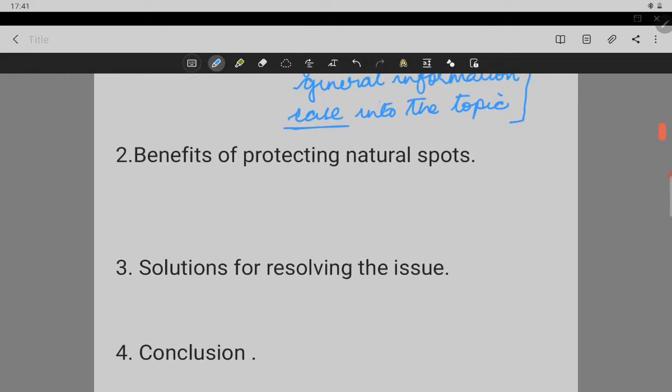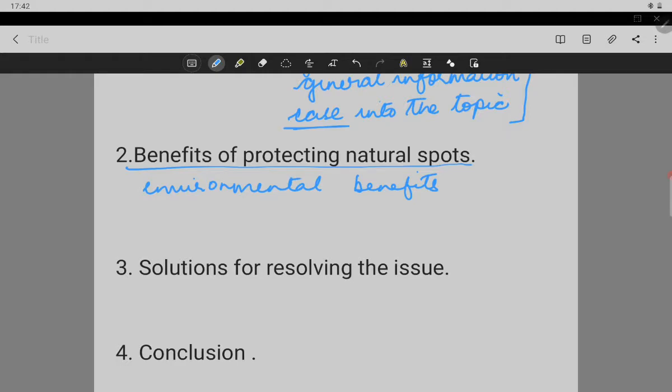Second paragraph, we will explain the benefits of protecting natural beauty spots. What are the benefits? So, environmental benefits, like how does it affect the environment of the city? How does it affect the temperature of the city? How does it affect rainfall patterns? Things like that.